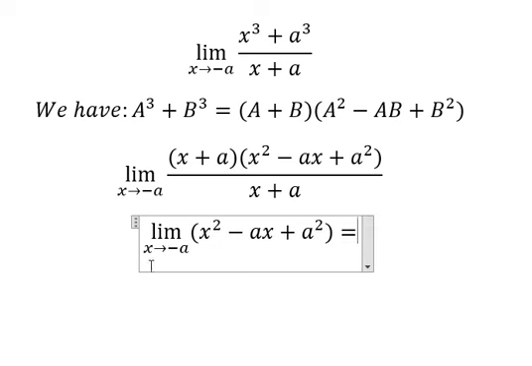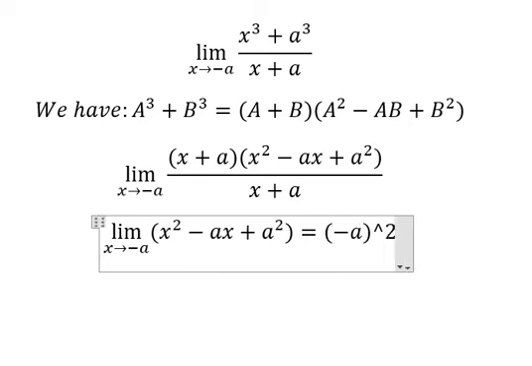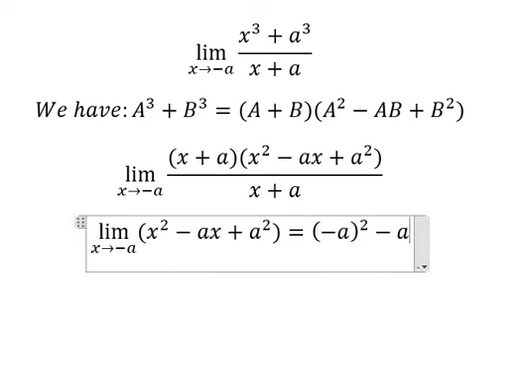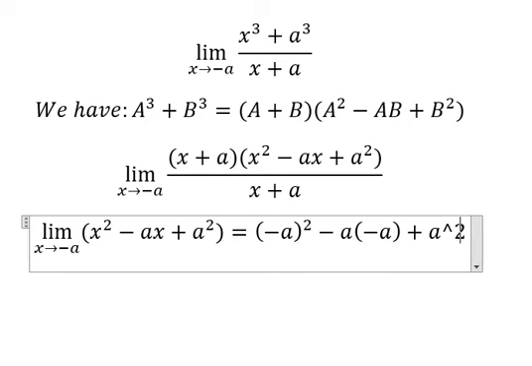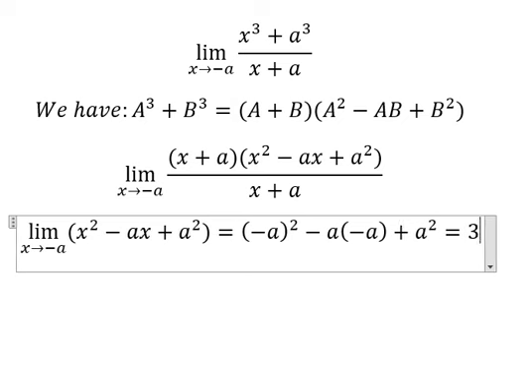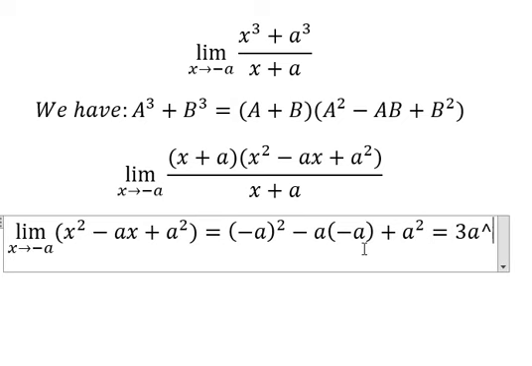And now x approaches negative 8, so we put this one here and here. And we have 3/8 to the power of 2.